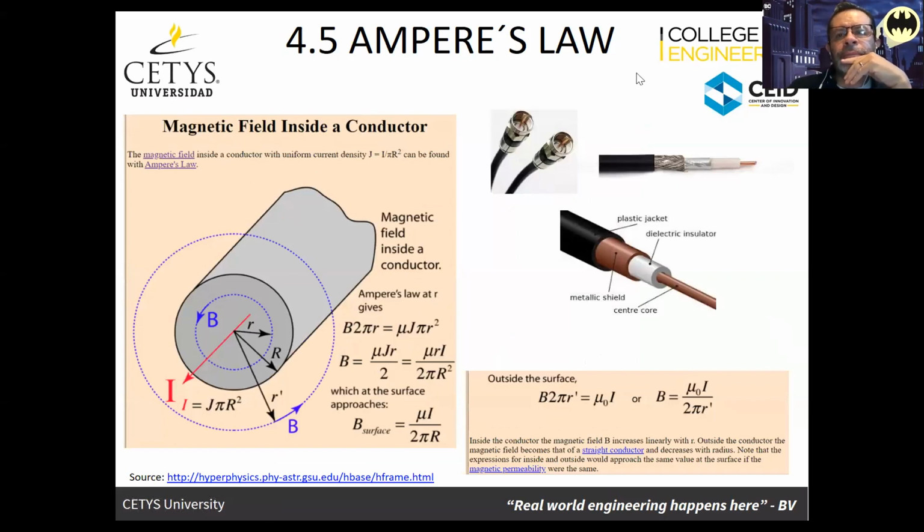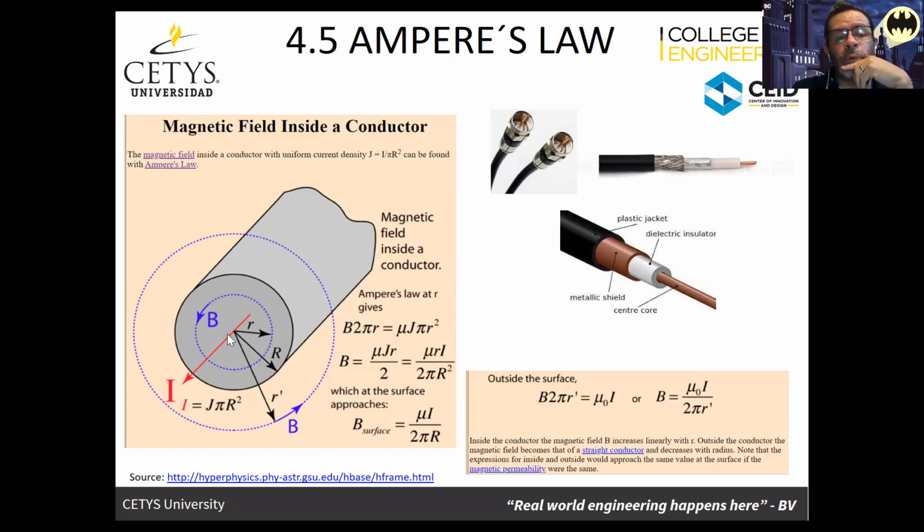And so, talking a little bit more about the different configurations of Ampere's law, similar to the explanation that we saw on the YouTube video about how to calculate the magnetic field for a wire.